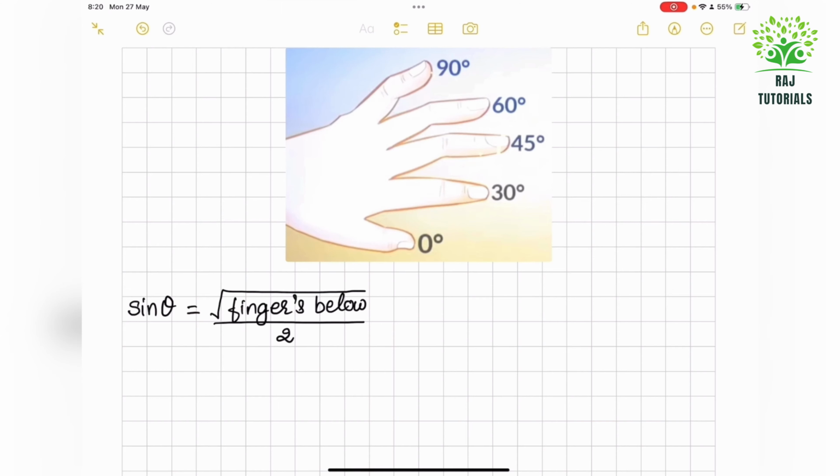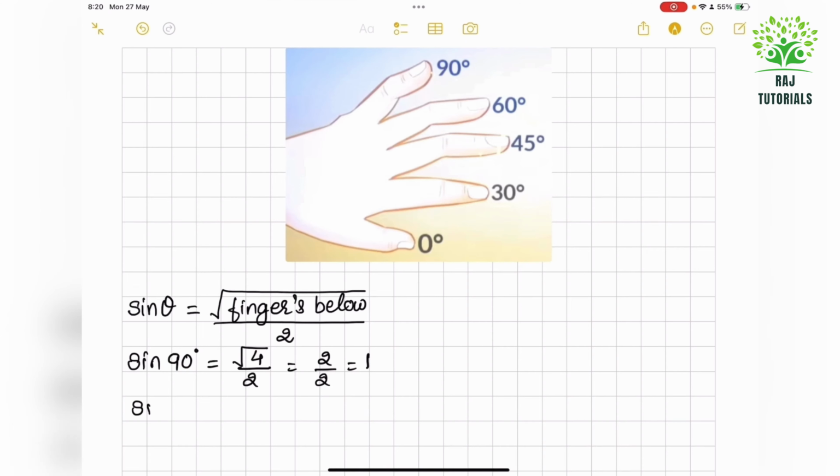Now, suppose I want to find sine 90. In such a case, I will first check where 90 is, at the top. Below that, how many fingers are there? 4. So I will write root 4 by 2. Now, root 4 is 2, 2 by 2 is 1.